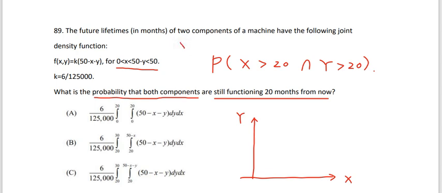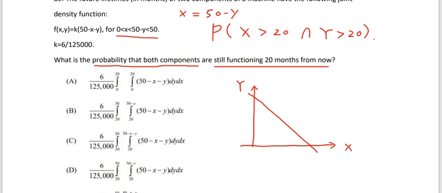So here we have this line X equals 50 minus Y. So this is X plus Y equals 50. So X plus Y equals 50 is this line.